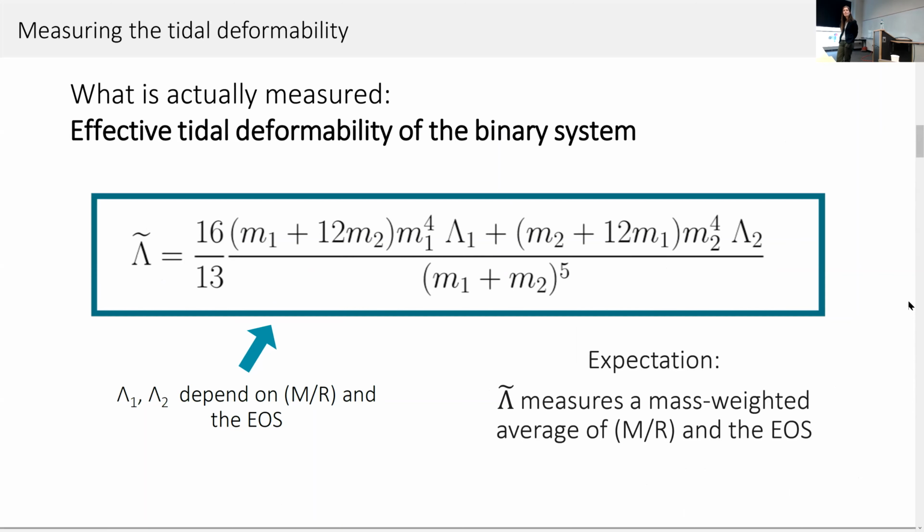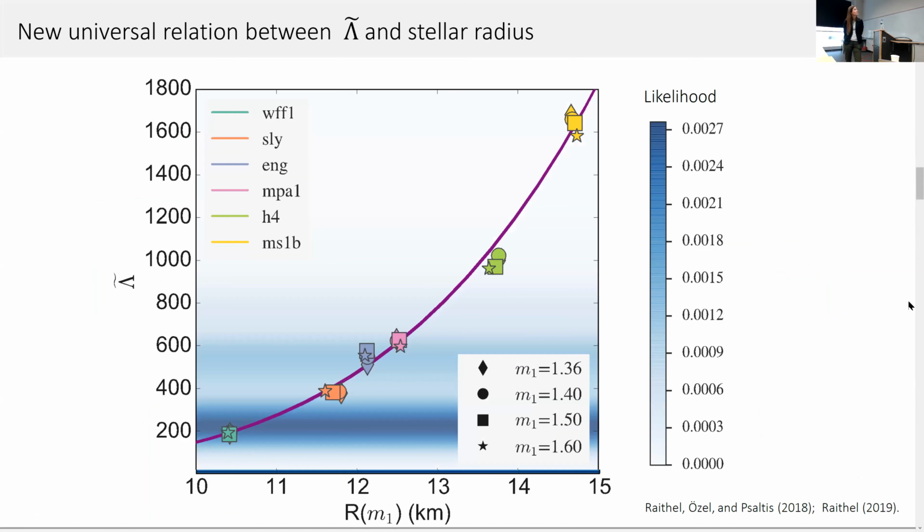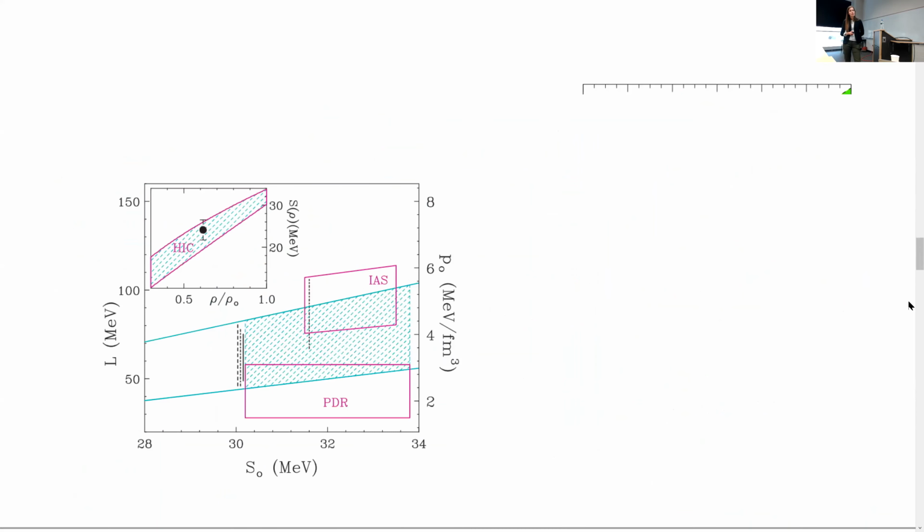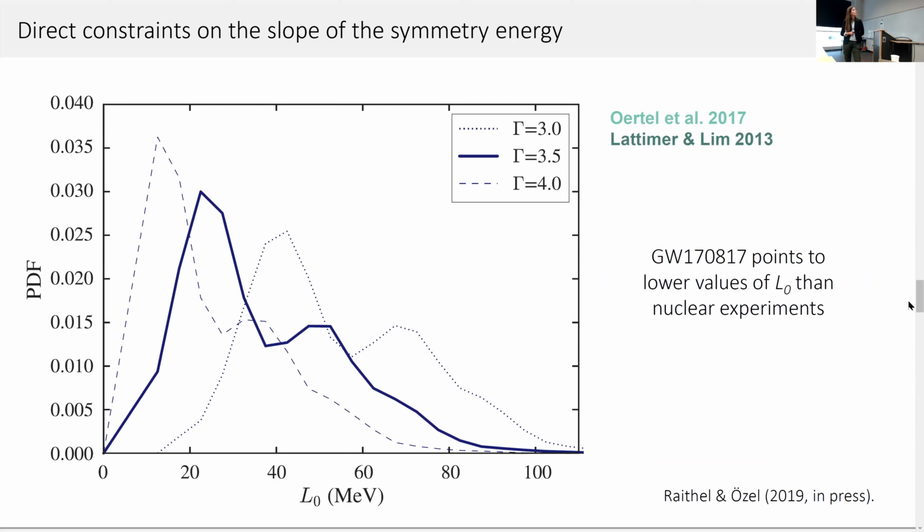Another question about the final distribution. Yes. The slope of the symmetry energy that you found from the model, you had this final distribution, and the peak was that one. Yeah, it's around 20. But just eyeballing it, it seems to me this is not inconsistent with the experimental data. It seems that a value above 30 is just as likely as a value below 30, integrating that data because of the long tail.